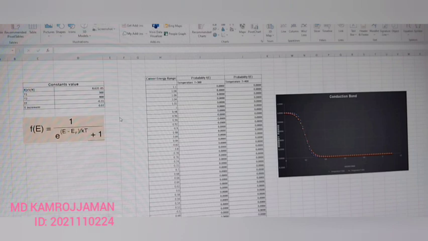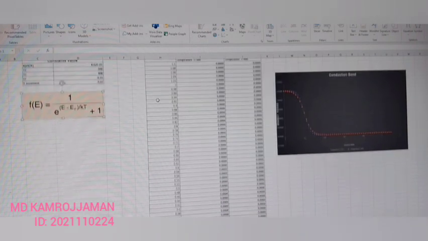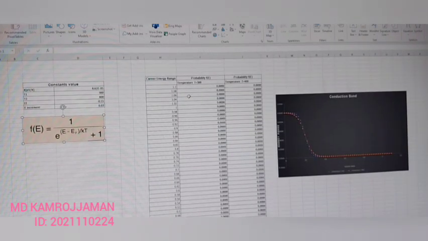So I can draw the Fermi distribution curve the same way. So I need to use this equation. I just need to change this value here, then I can find this curve here, and the same step is 0.02 electron volt.